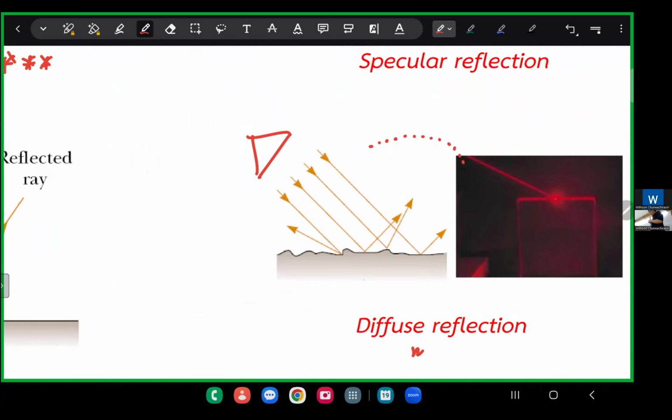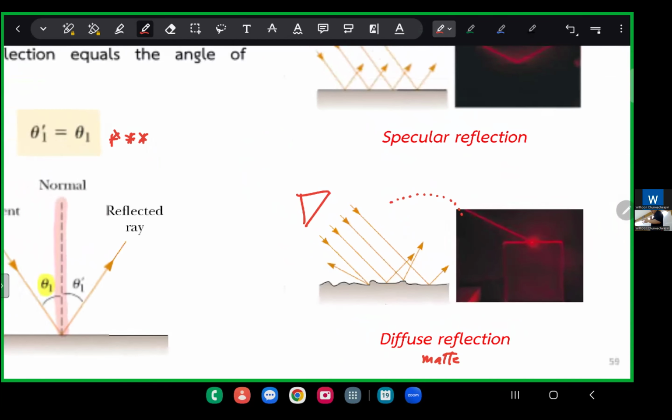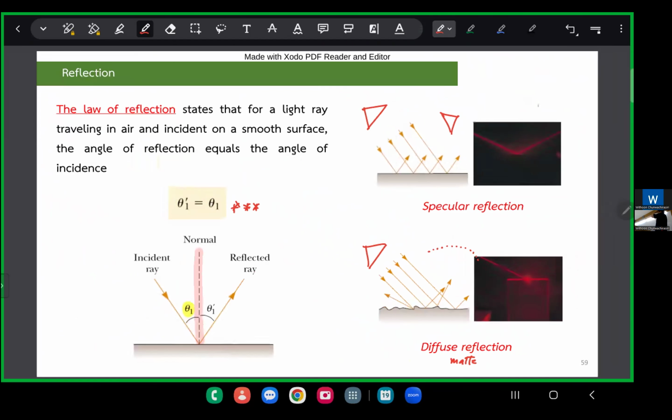That is a matte finish. The ceiling, for example, or if you want to do your makeup and want your face to look a little matte, then the powder will create a rough surface. So it diffuses the light out, and you have a little bit of no reflection there. That is an application that happens all the time.